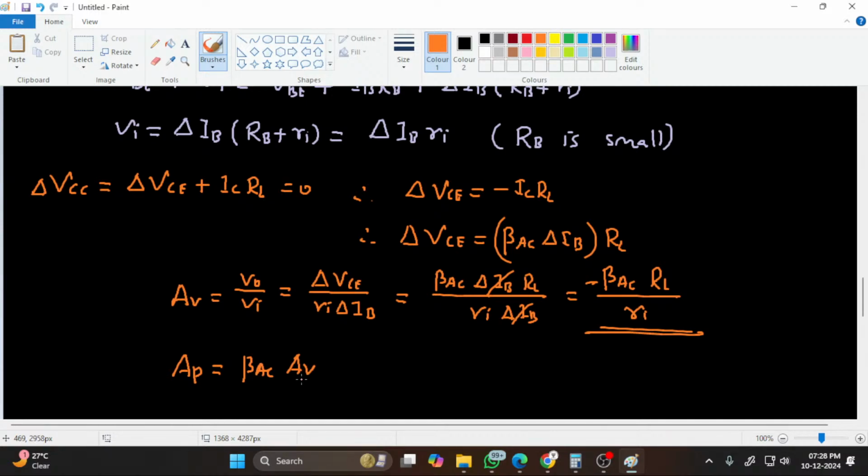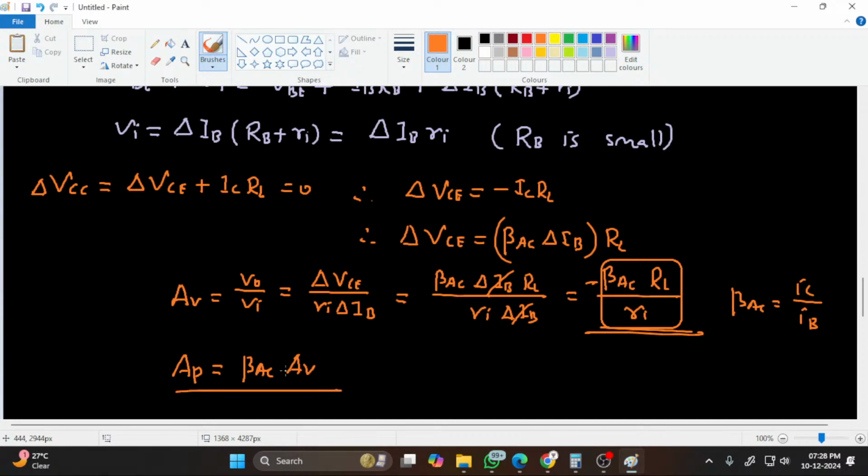So here we have ignored the negative sign for the voltage gain to write its magnitude. So this is the voltage gain, current gain, and the power gain. This is voltage gain. Then the current gain beta AC is IC upon IB, small IC upon small IB in that case, and this is power gain.